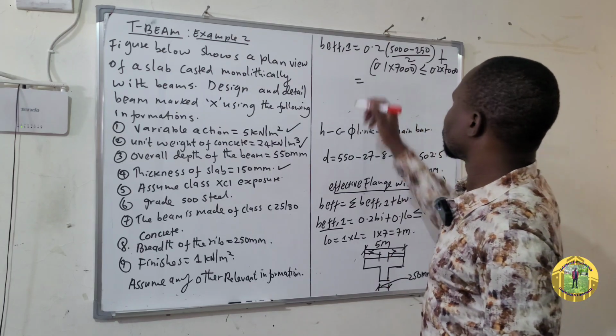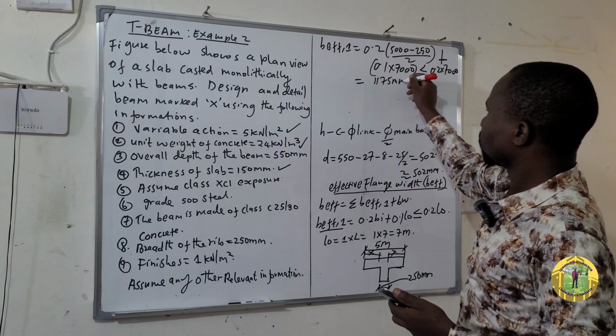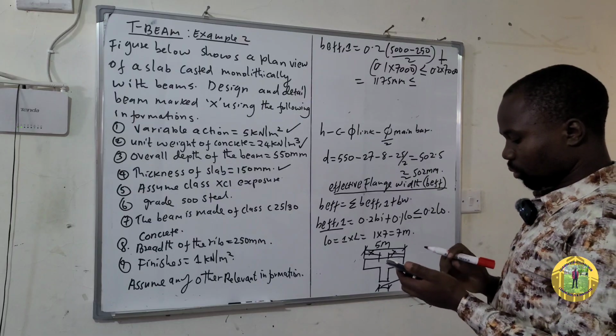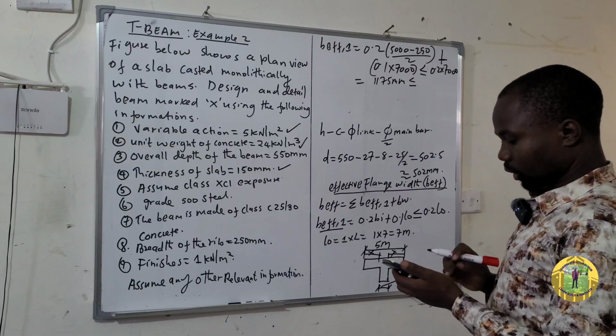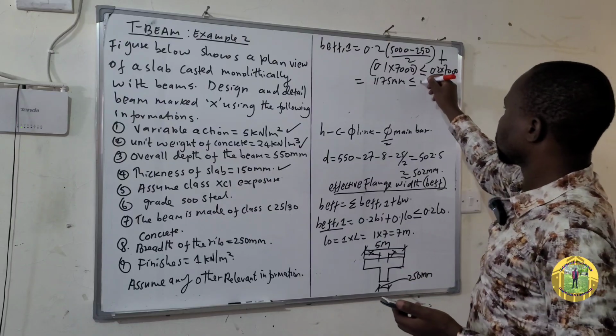So this one is equal to 1175 millimeter. So it must be less than 0.2 times 7,000. So this is 1400.